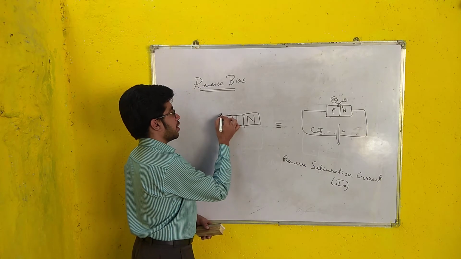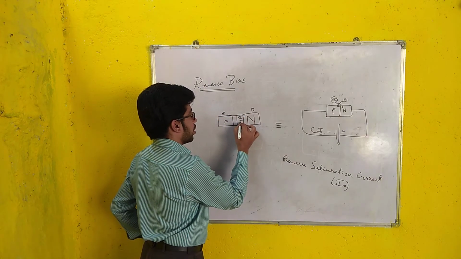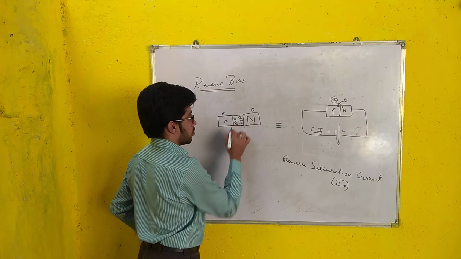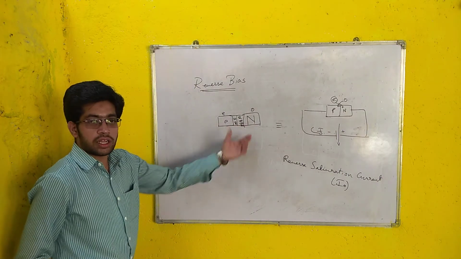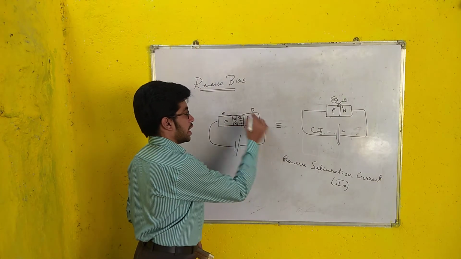Minority carriers, electrons and holes, will accumulate, and the depletion layer also increases.